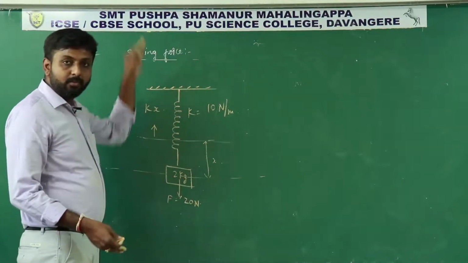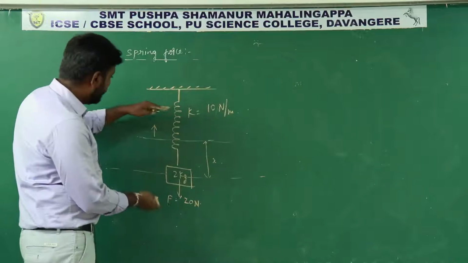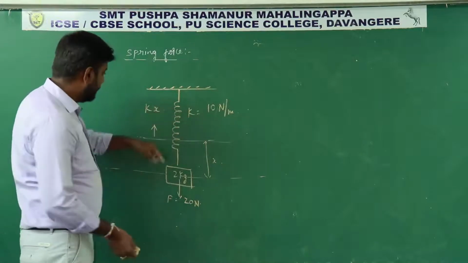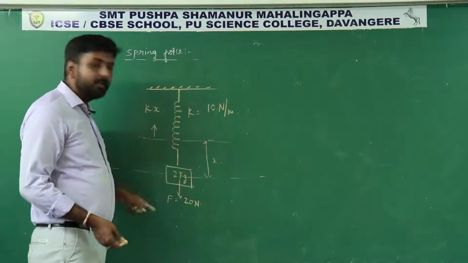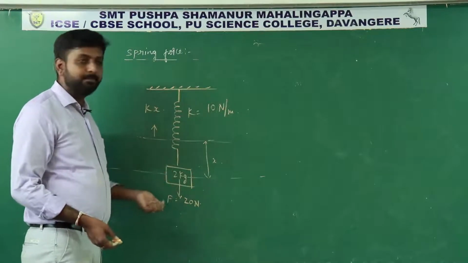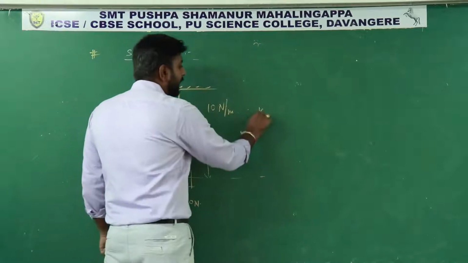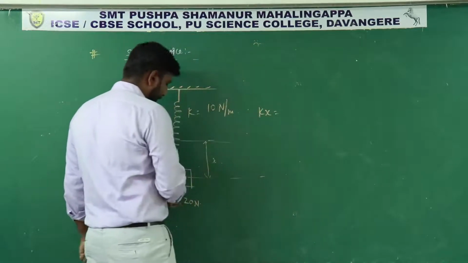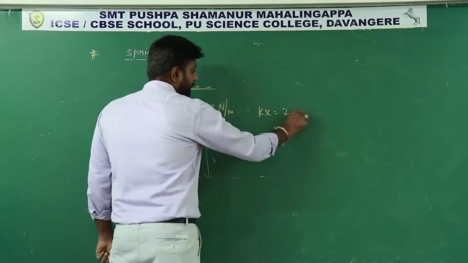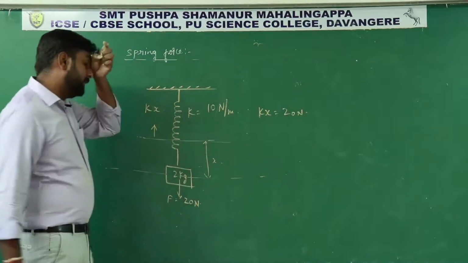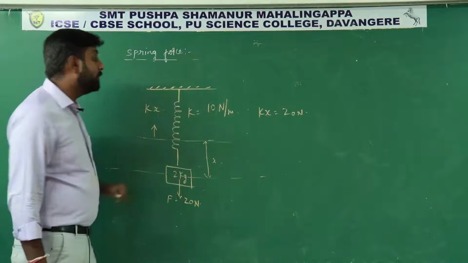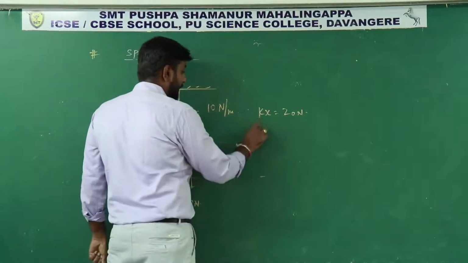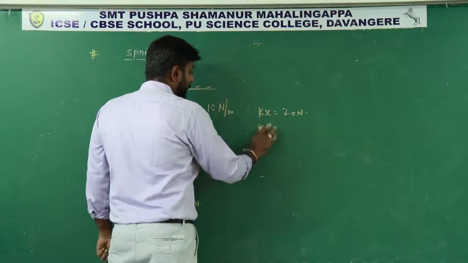You know that the restoring force is acting upward. Both forces, that means this upward force and downward force, are of equal magnitude. Why? Because I said it is in equilibrium. Then directly kx you can write as 20 Newton, isn't it? Restoring force kx equals F, that is 20 Newton, and this k value is 10 Newton per meter.